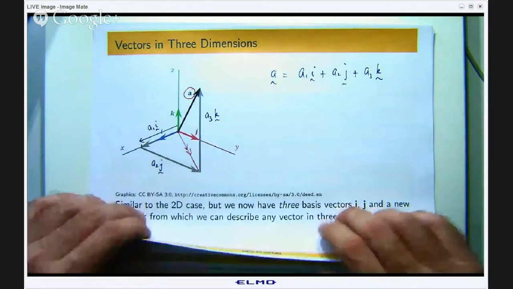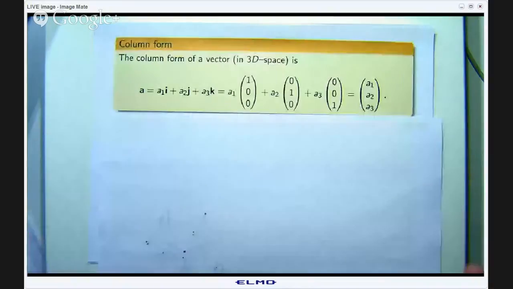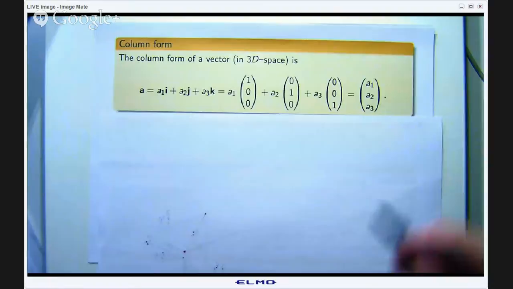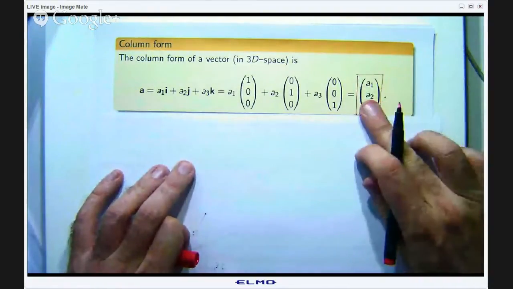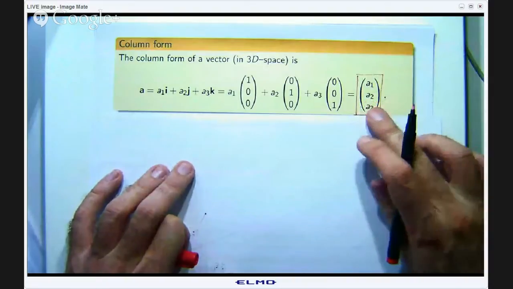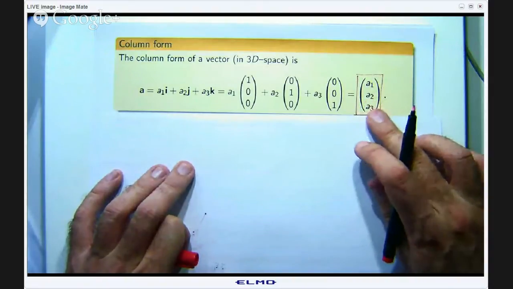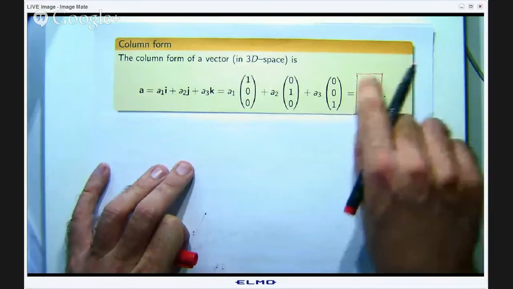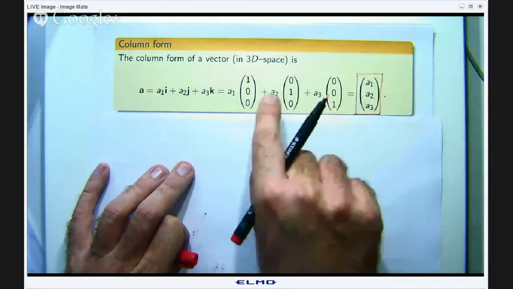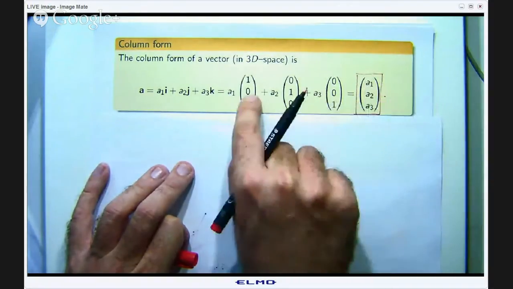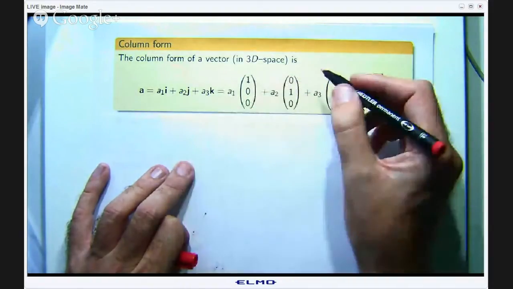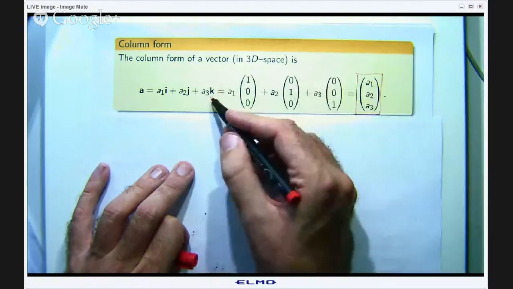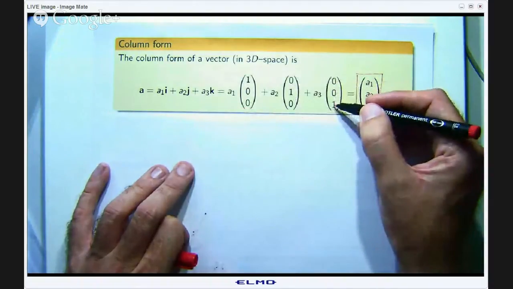Now, let's talk a little bit about the column form of vectors in 3-dimensional space. Here is the column form. It's just like the column form for 2-dimensional space, but you've got an extra element down the bottom. And this can be decomposed into these numbers times the basis vectors. i is the vector 1, 0, 0, j is the vector 0, 1, 0, k is the vector 0, 0, 1.